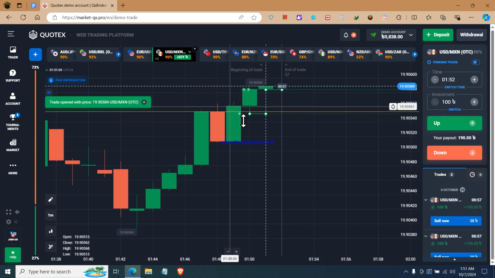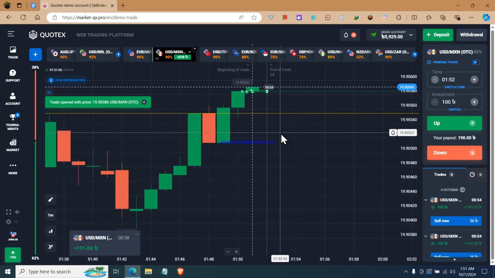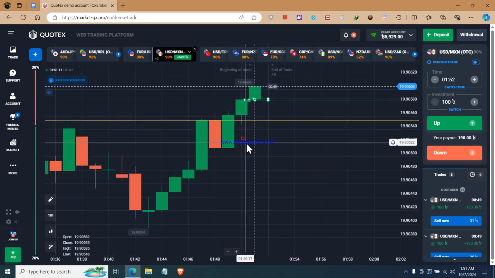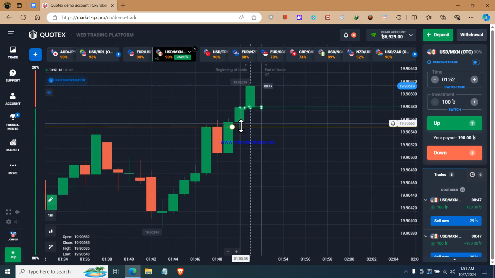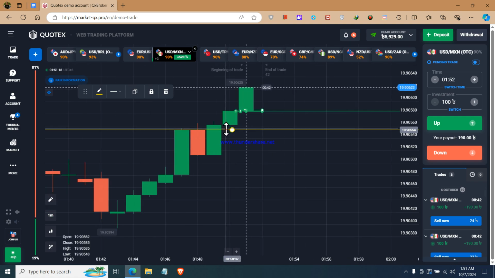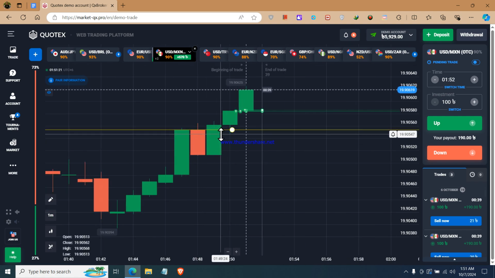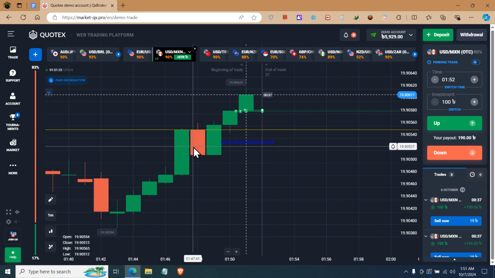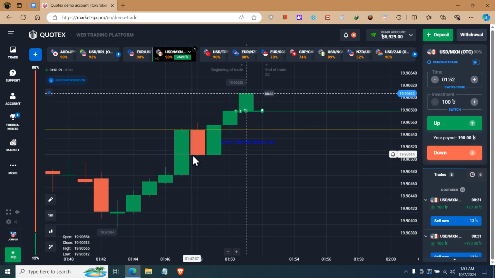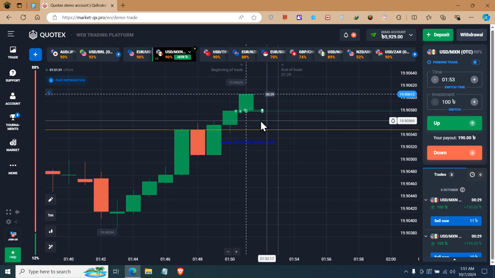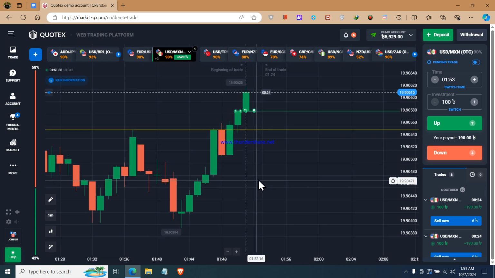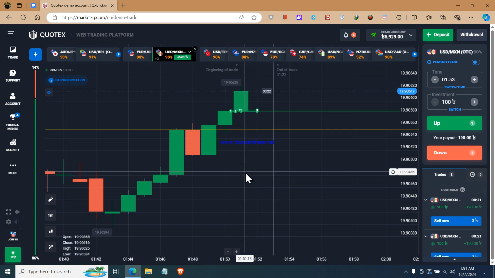I placed 3 more trades at this point because the buyers made this neckline a support, and after making a resistance a support, the next candle becomes a green candle. This is a rule.